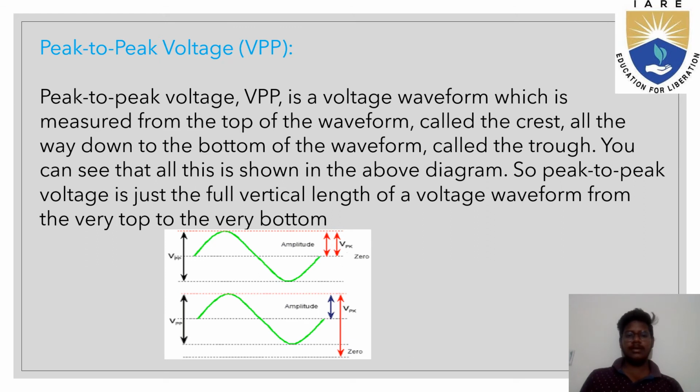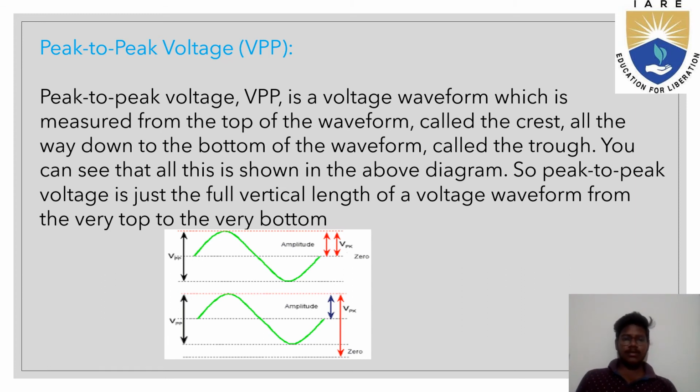The peak-to-peak value of a voltage waveform is measured from the top of the waveform, called the crest, all the way down to the bottom of the waveform, called the trough. You can see all this shown in the above diagram.